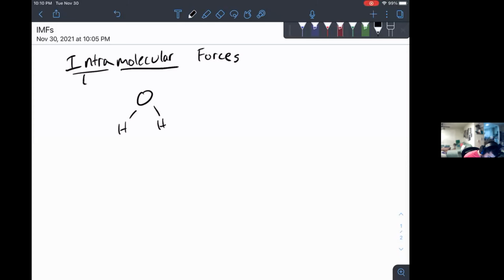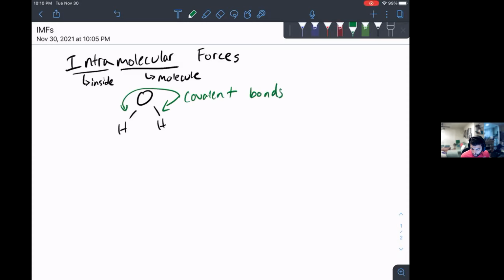So intra meaning inside, molecular referring to the molecule. So our intramolecular forces are our hydrogen-oxygen covalent bonds right here. Intramolecular forces are what holds the atom together, and these are pretty darn strong.